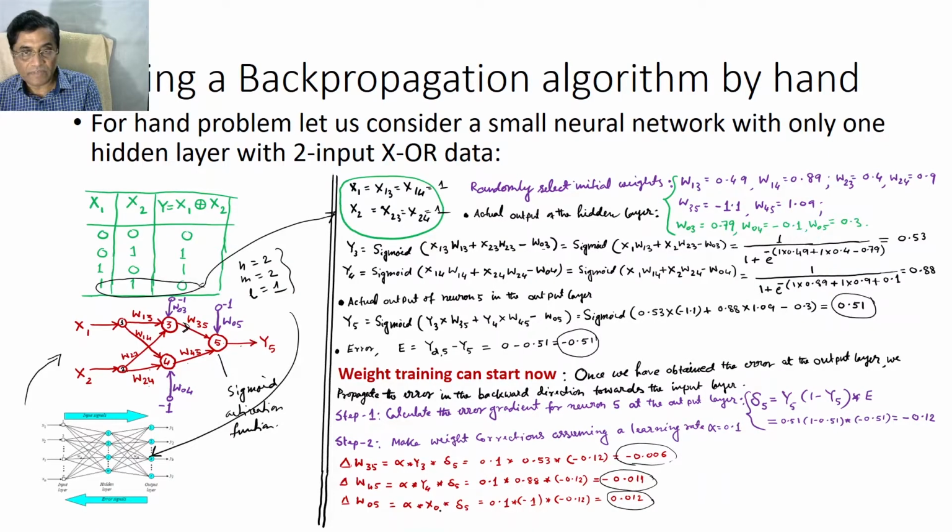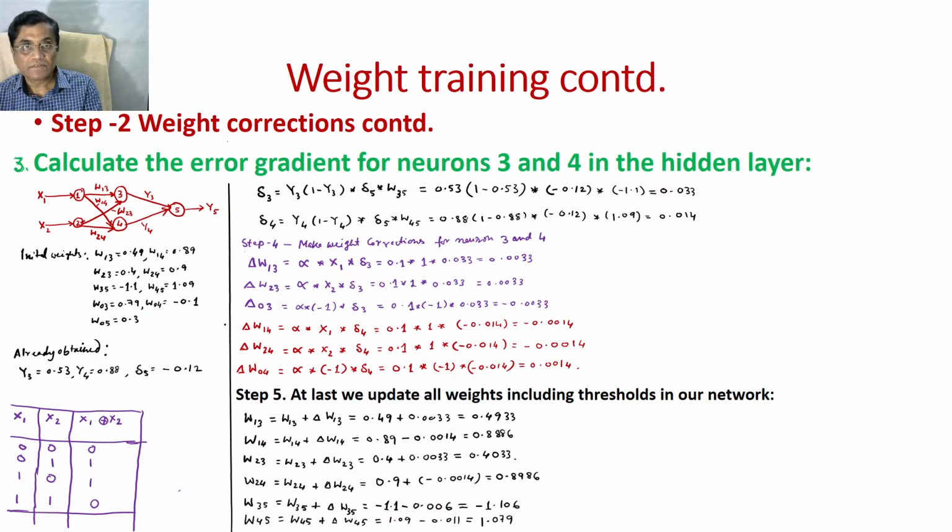So delta 5 with delta 5, you have calculated what the weight corrections should be here. Now I need to know also what the weight corrections should be here. So that we will do. For that, what you need, you can read on. Initial weights have been put here for your convenience, so you can see.